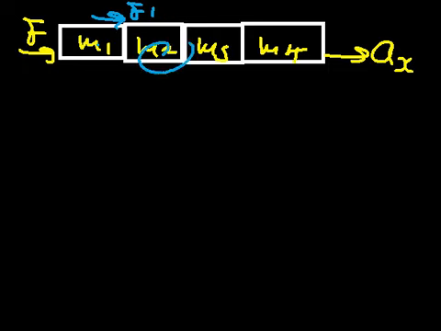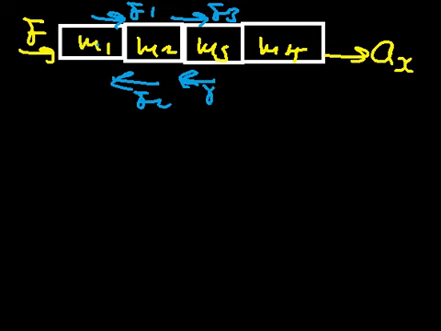So the mass M2 is going to exert back a force onto M1, given as F2. At the same time, mass 2 is going to exert a force on mass 3, given as F3, and mass 3 is going to exert a force back onto mass 2, given as F4.